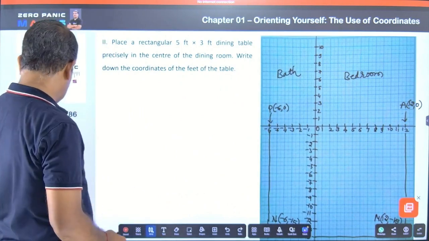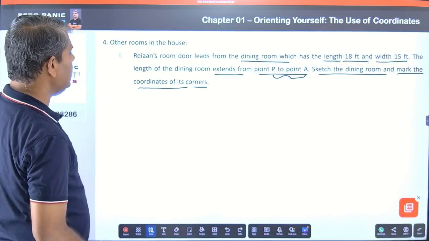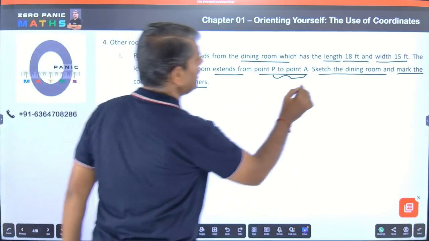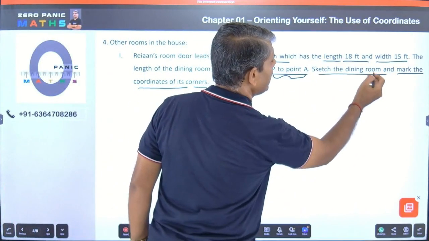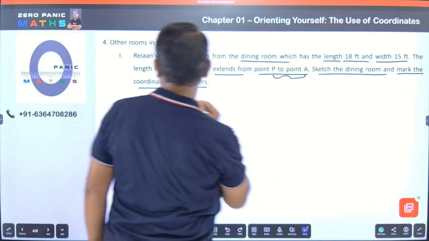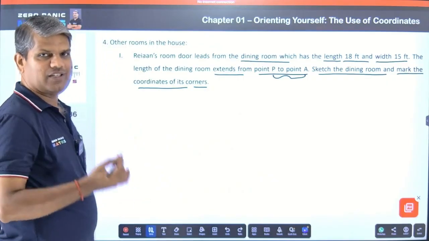Now let us see what they are asking. They are asking us to sketch the dining room and mark the coordinates of its corners. We have sketched the dining room.